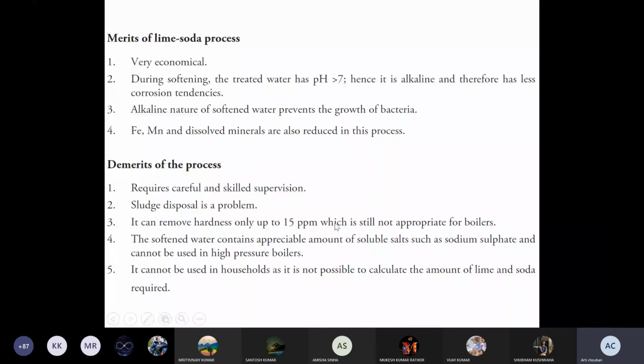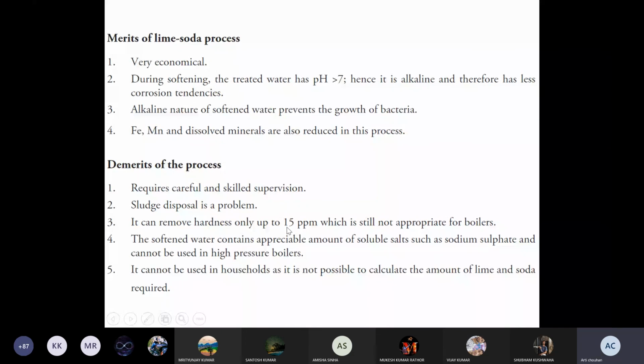So depending on the boiler's condition or requirement, we are going to choose different processes. If the boiler can resist that 15 ppm hardness, you can feed that water to the boiler.